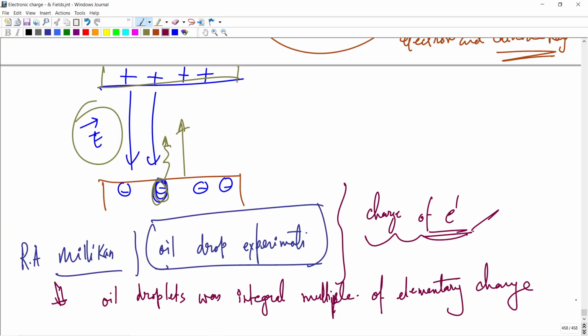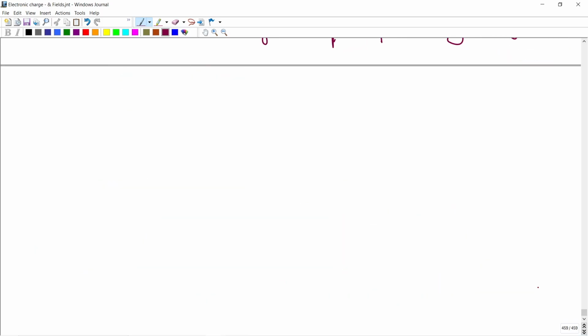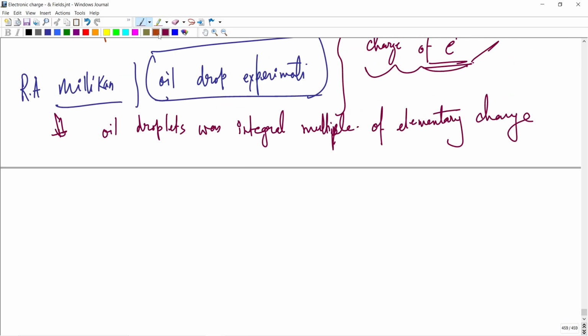Okay, and that concept, the elementary charge, that is e, is almost equal to 1.6 into 10 to the power minus 19 coulomb. The Millikan experiment established that electric charge is quantized.